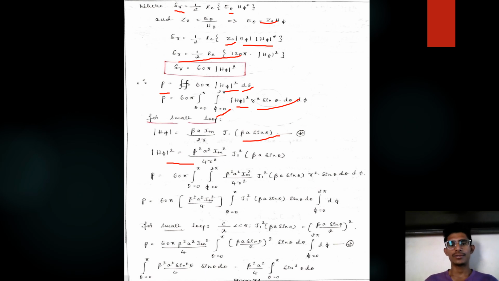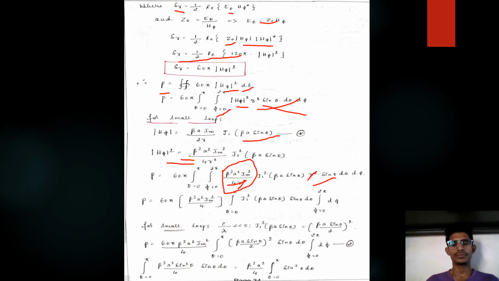Whatever H phi whole squared equation we have written here, beta squared a squared Im squared over 4 pi r squared, J1 squared of beta a sin theta, and r squared sin theta d theta, we place that equation here. After P is equal to, take out this beta squared a squared Im squared. See, this r squared and this r squared will be cancelled. And next 6 pi, take that out of the integration.